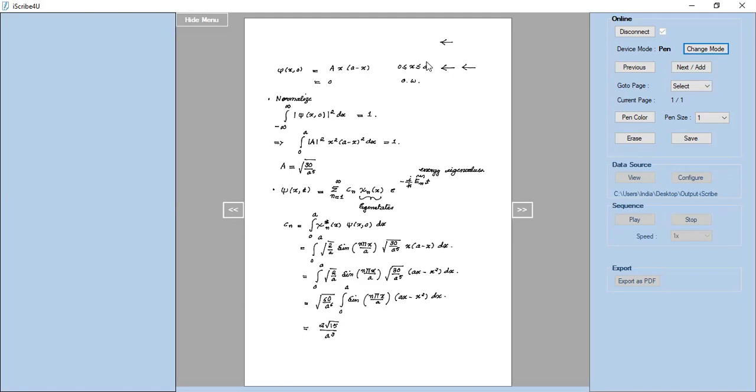Right? And then we have, 0 to a, a x sine n pi x by a dx, minus 0 to a x square sine n pi x by a dx.